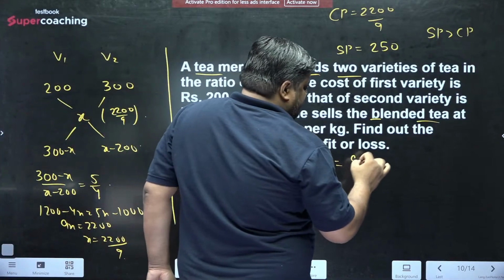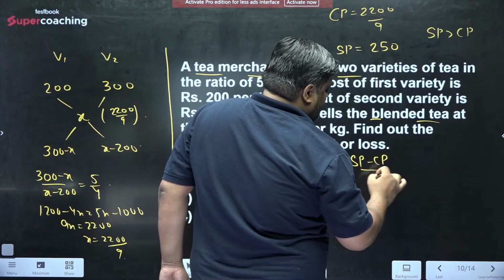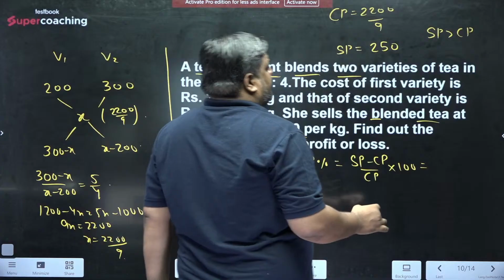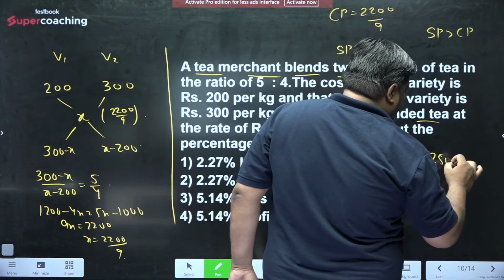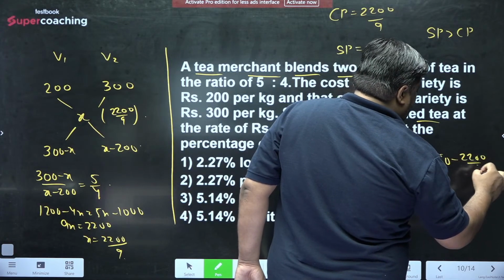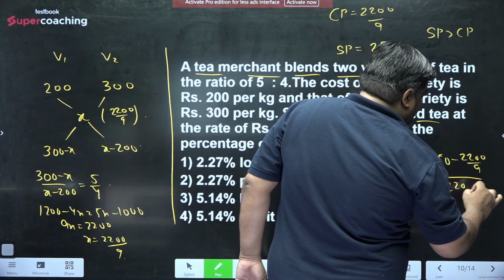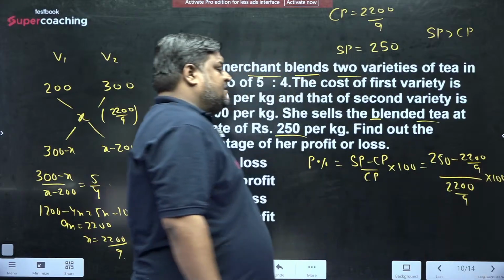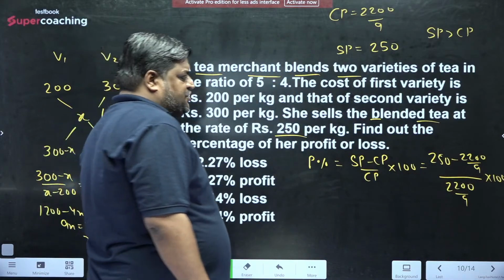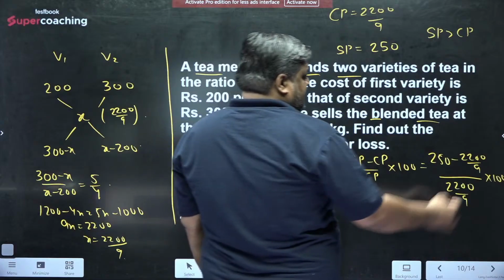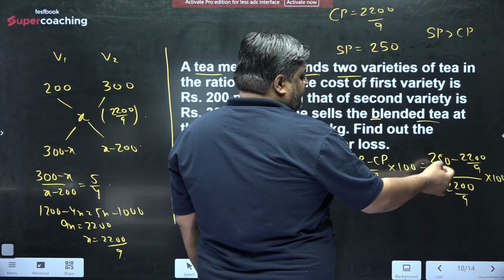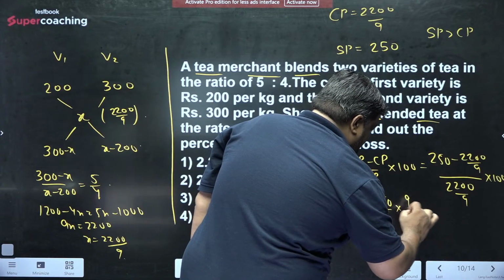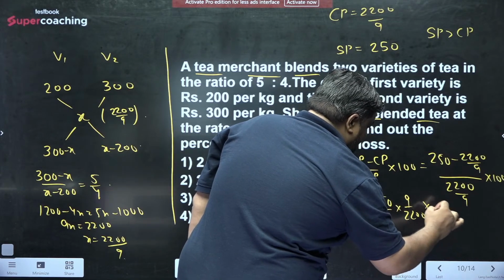That is (selling price minus cost price) upon cost price into 100. Okay, (250 minus 2200/9) upon (2200/9) into 100. This would be the answer. Okay, chalo, do it. So this is 9 into 50 upon 9, 50 upon 9 into 9 upon 2200 into 100.